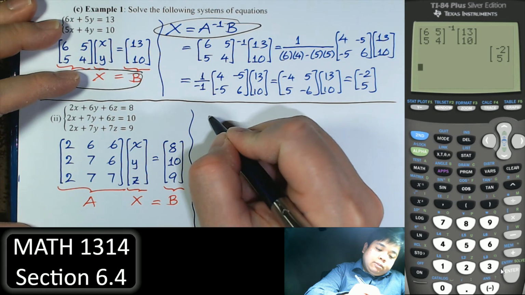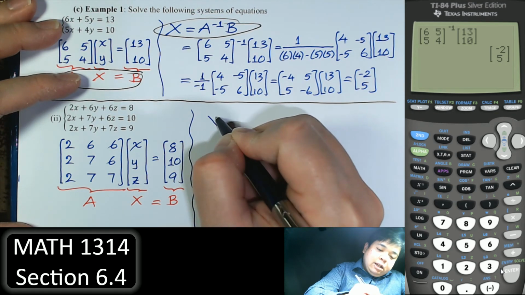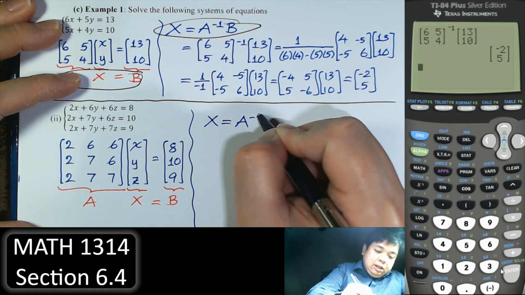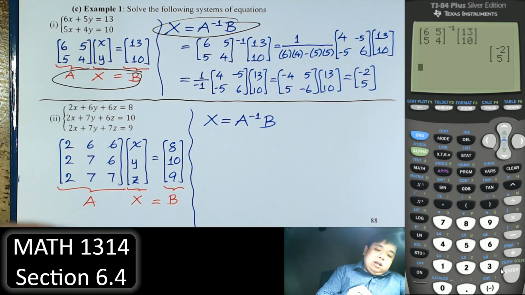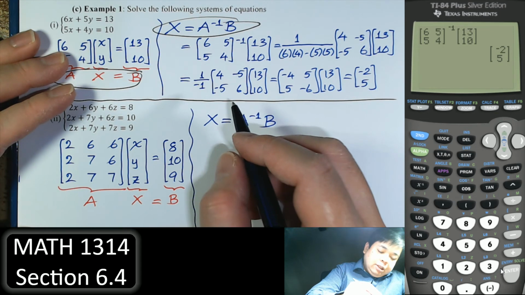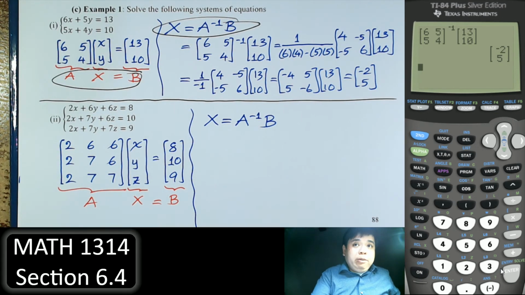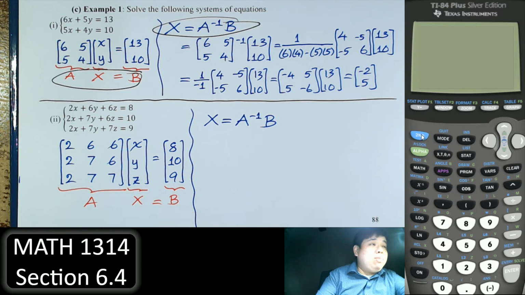So X equals A inverse B. Alright. So here, remember, for a 3 by 3 matrix, we will not find the inverse by hand. We just use the calculator. On the test, it might be given.